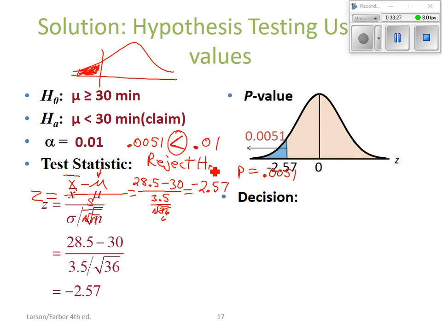Now, when we do our decision, watch closely on this, because this is going to be the same whether we do it using the p-value or the rejection regions that we're going to go over in a minute. You're going to write 3 parts. The first part, you're going to look at your alpha.